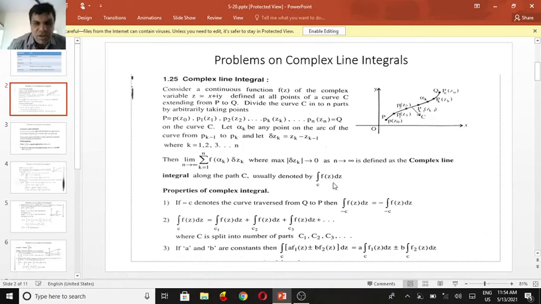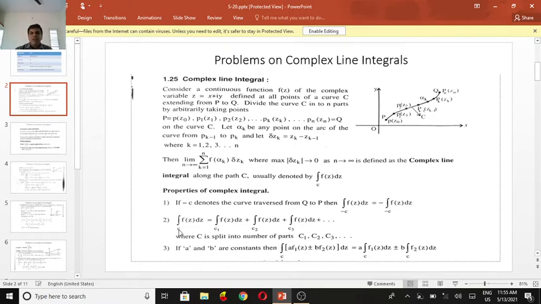We all know the basic properties. If minus C denotes the reverse path, then the path from p to q reversed goes from q to p, and the integral over minus C of f of z dz is equal to minus the integral over C of f of z dz.